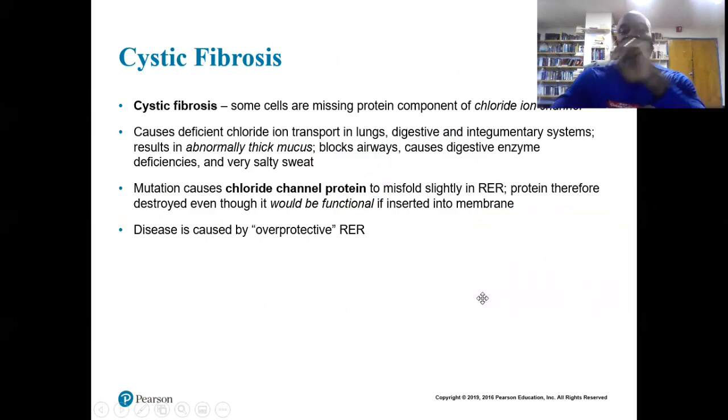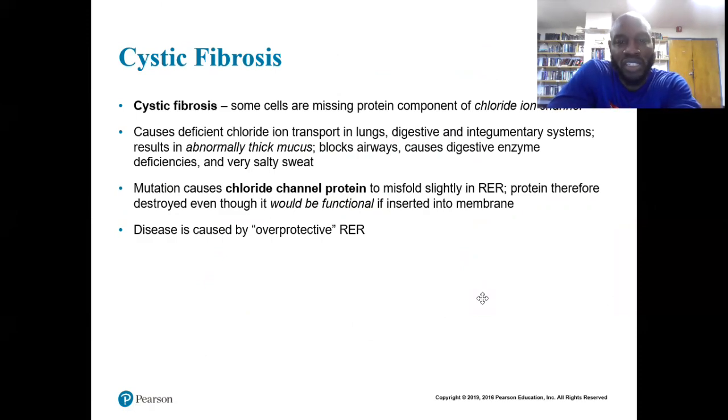You've probably heard of the disease known as cystic fibrosis. It's a very destructive disease. My wife works at the Children's Hospital of Pennsylvania, on the floor that deals with this disease.